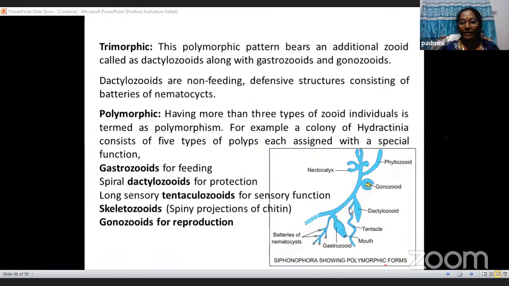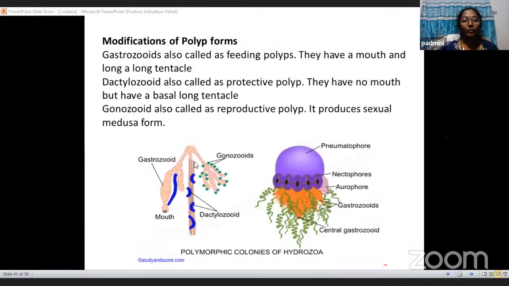And they have skeletozoids, which produce the spiny projections of chitin that are present over here, and the gonozoids for reproduction. So that is all about the different types of zooids that you find in the polymorphic nature.